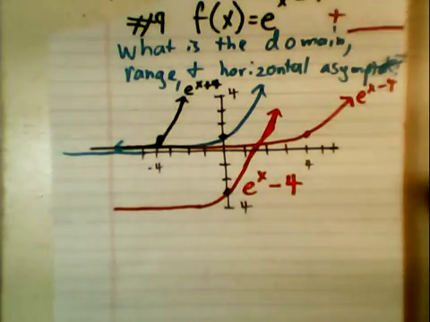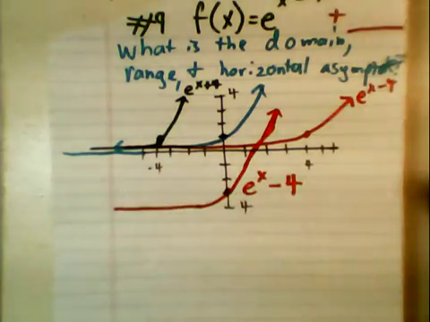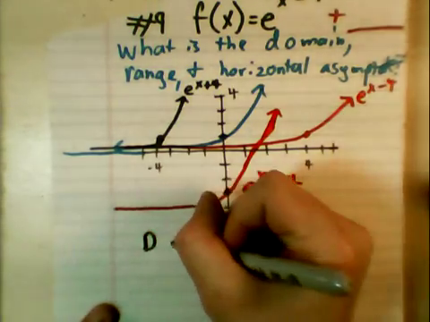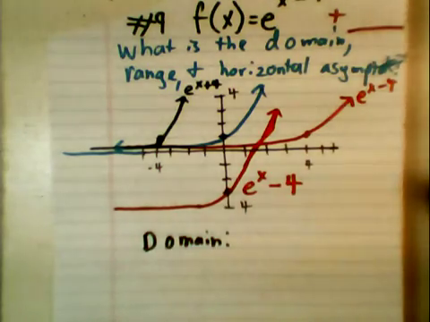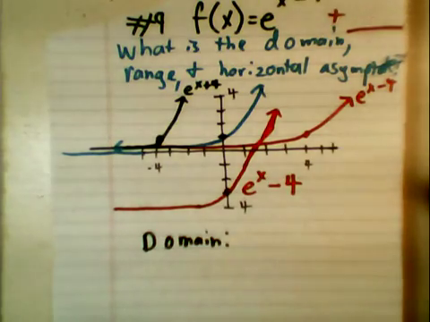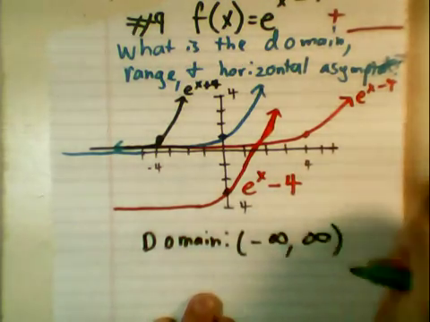Okay. So now this right here is actually what we're dealing with. Let's find the domain. Since it's just been shifted right, the domain hasn't actually changed, and the domain of the original function e to the x is all reals, so the domain would be negative infinity to positive infinity.